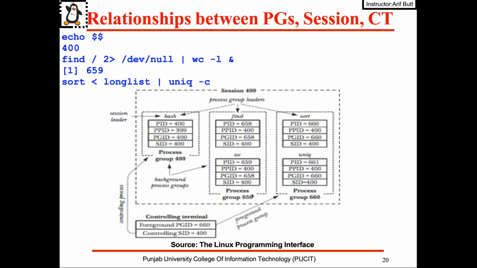And this session 400 has a controlling terminal, and this is the information about this controlling terminal. I hope you have a fair idea now about processes, process groups, sessions, and the controlling terminal.